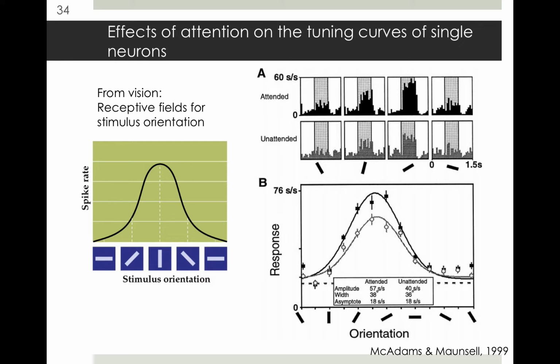So that's a bunch of evidence showing that attention operates at various levels. You can think about attention as this overall network, but it also operates on the sensory cortices themselves, and at individual cell levels.